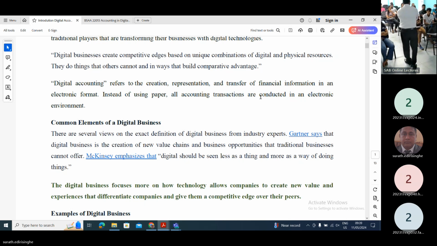Student, to some extent, okay. But to some extent, you are thinking of a traditional business. Because of that, it's not compulsory to acquire the physical resources. Now look here, traditional business people use more physical resources.